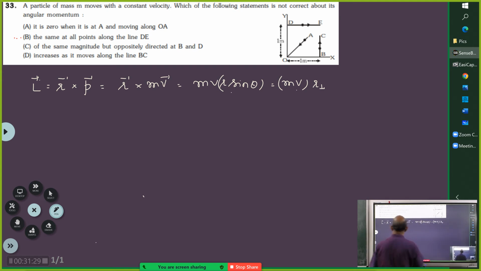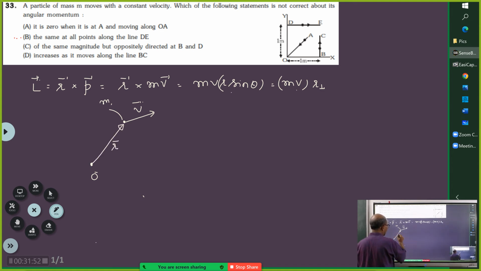Supposing you have a particle here which is going like this, with velocity like this, and mass of the particle is here. You are taking this as O. What is the angular momentum of this about O? This becomes the theta, correct?